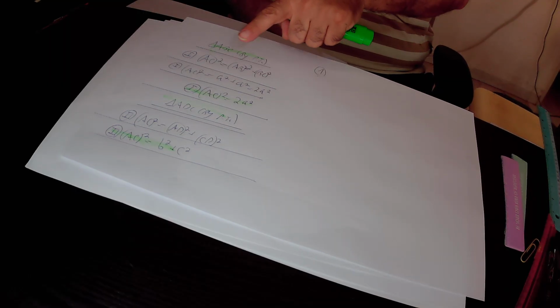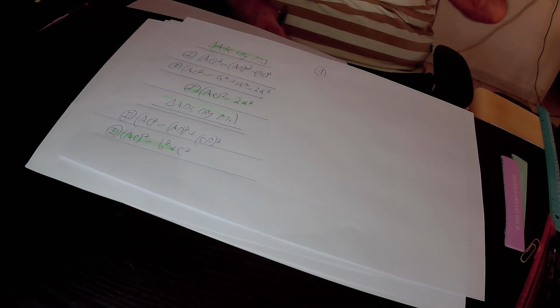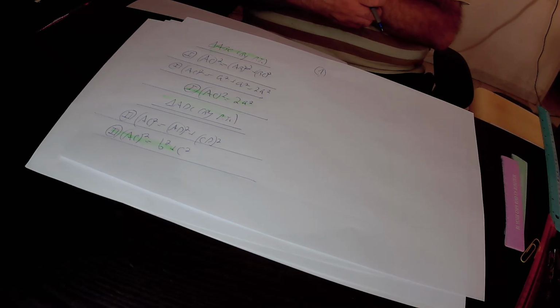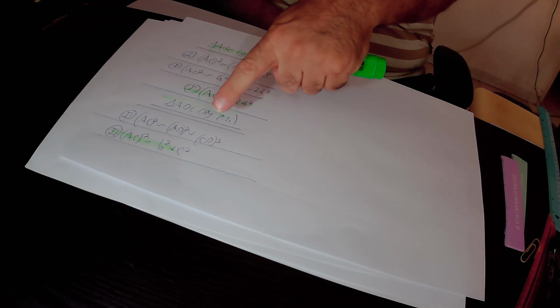But according to equation 1, we found that AC square equals 2A square. So we have two different equations for AC square. This is the first equation and this is the second equation for AC square.